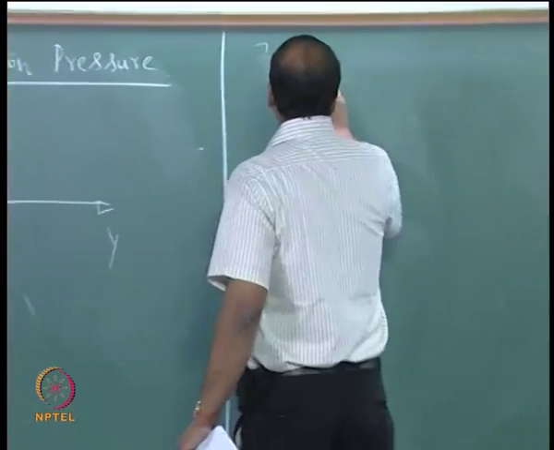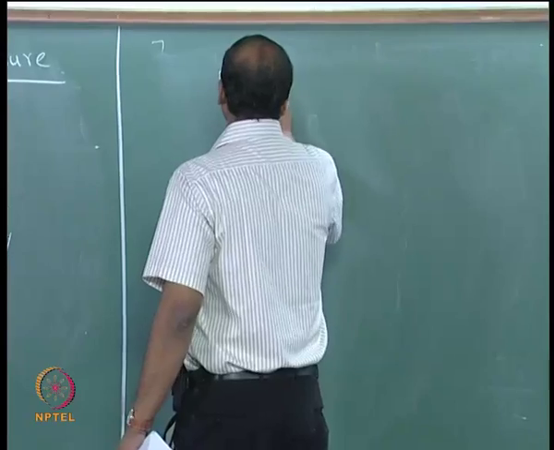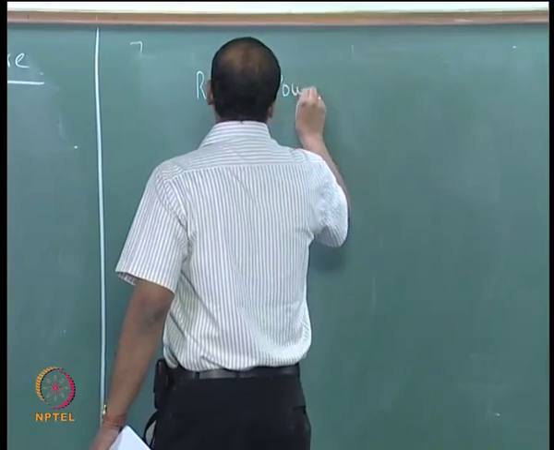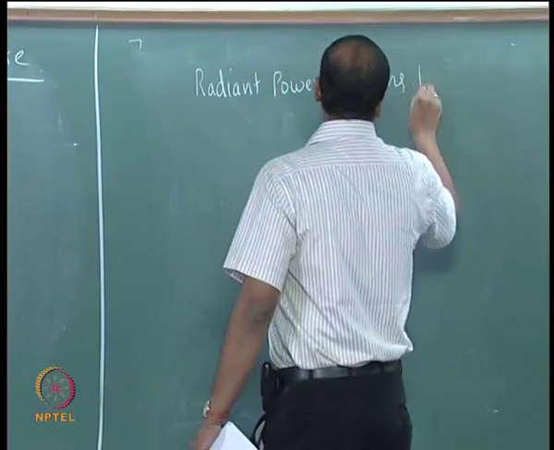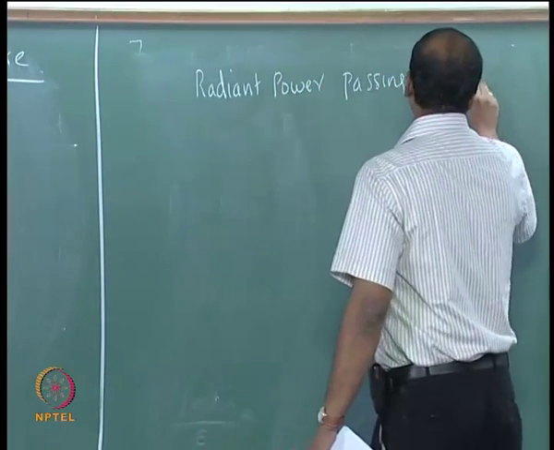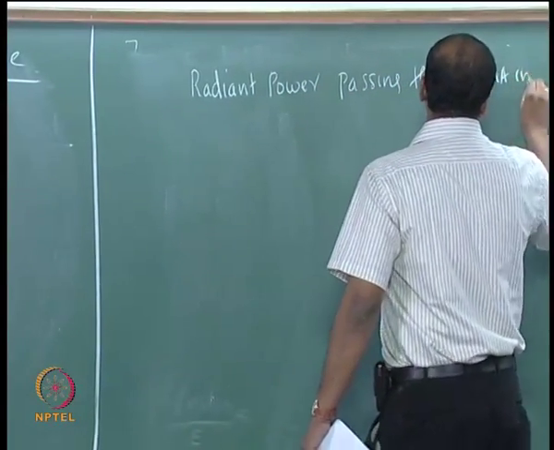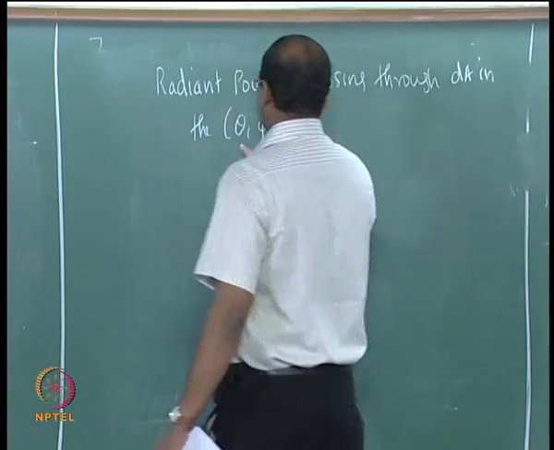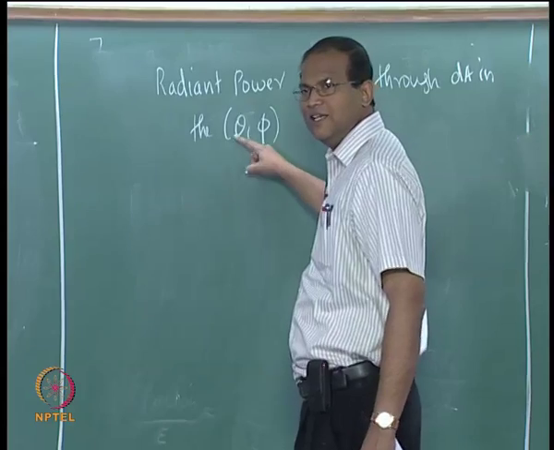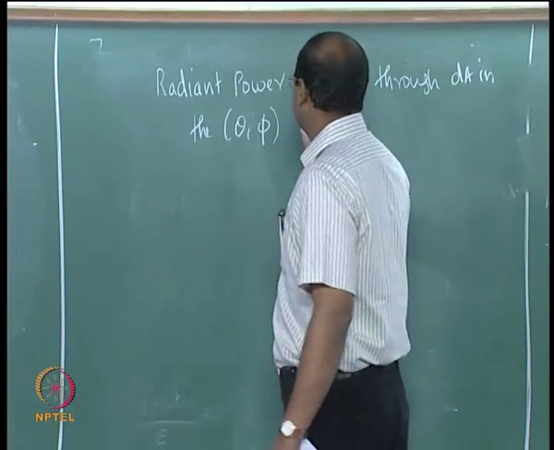So radiant power passing through dA in the theta phi direction, this is a very compact notation, you can put it in brackets.